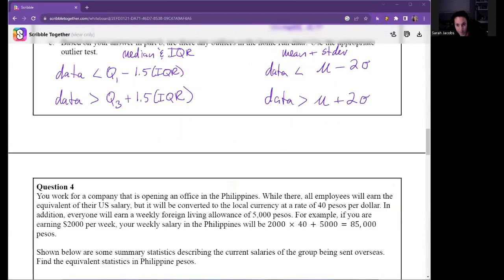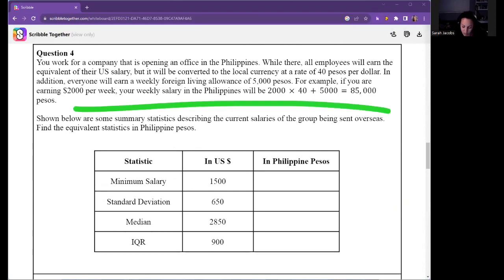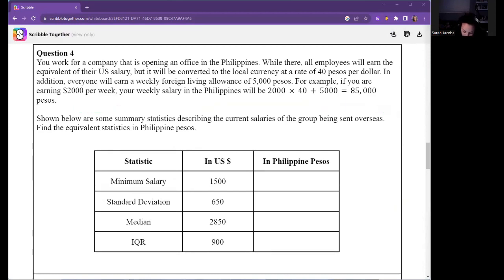All right. Next up, this is all about transforming. So remember, any measures of value or center, like a minimum or a median, we're going to do any addition or subtraction and multiplication or division.